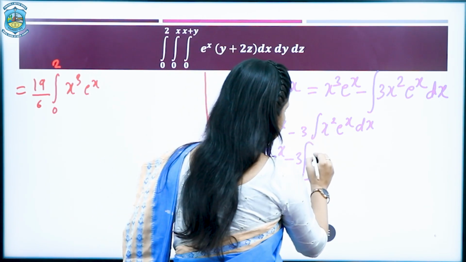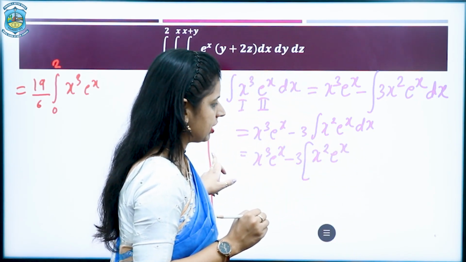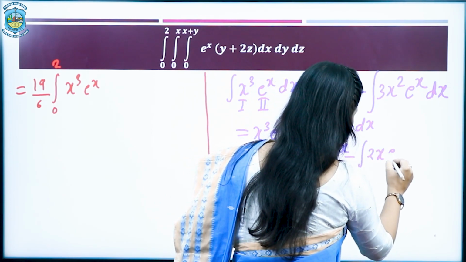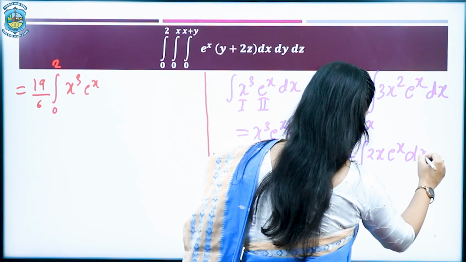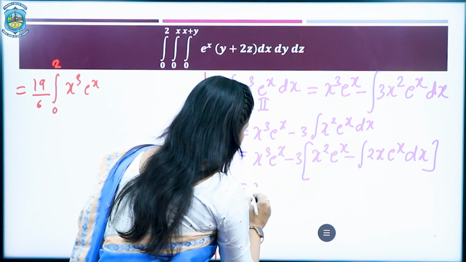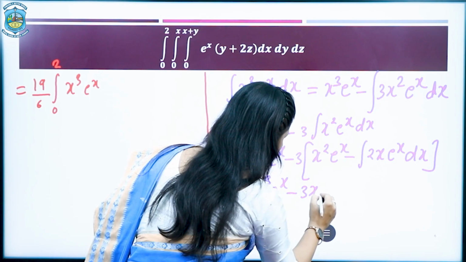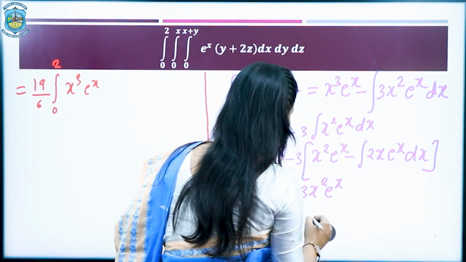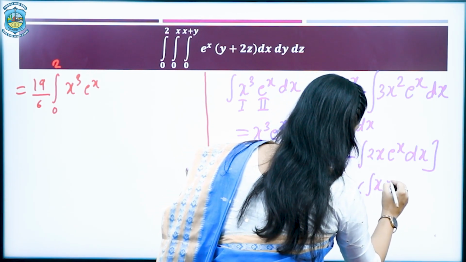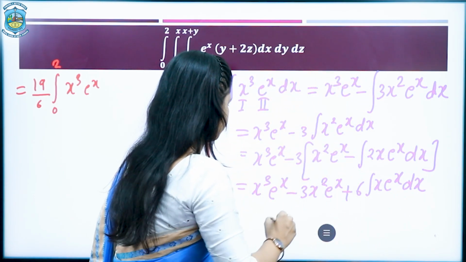When we apply first function, that is x square, integration of second, that is e to the power x, minus differentiation of first, that is 2x, integration of second. Now, we will get x cube e to the power x minus 3 x square e to the power x minus minus plus 6 integration of x e to the power x with respect to x.